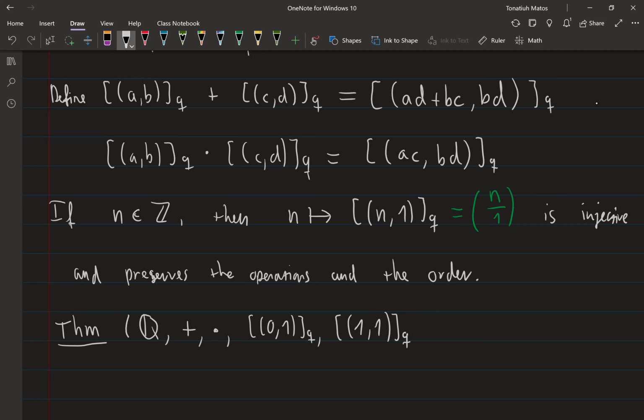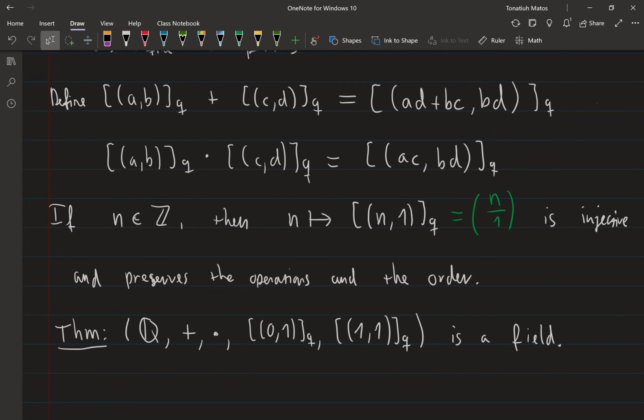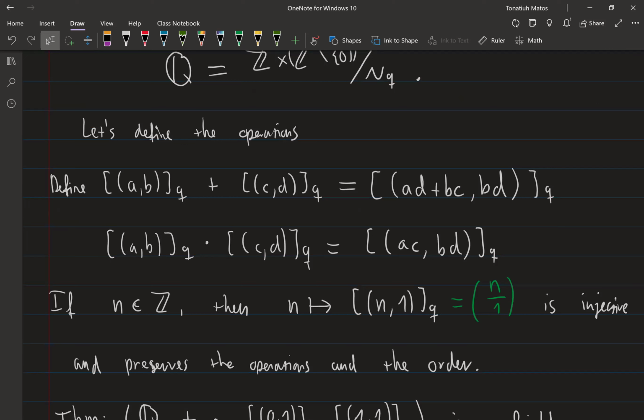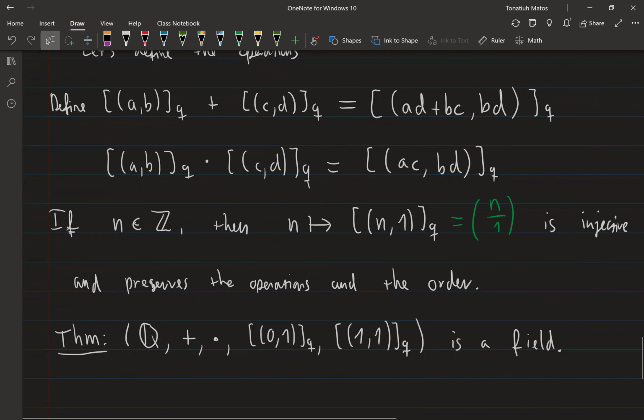This acts as the multiplicative identity. And the theorem is that this is a field. It's not just a field, it's an ordered field, but I haven't quite told you what the order is. You will look at the order during the tutorial, but it is defined analogously to the way I defined it in the integers. So there's nothing tricky going on here.